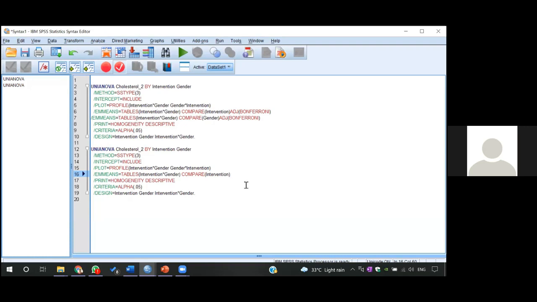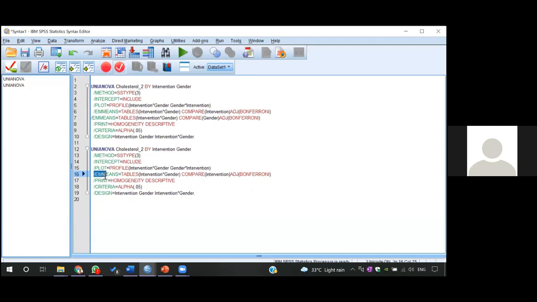Then you write adjustment, and this adjustment you have to do by Bonferroni. If you press this adjustment, this red ADJ will come, type Bonferroni here, close this. So this is one command for a simple main effect of interaction.